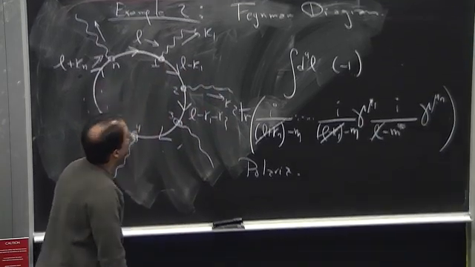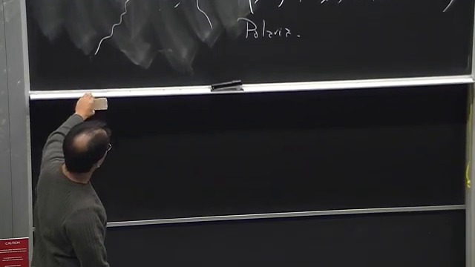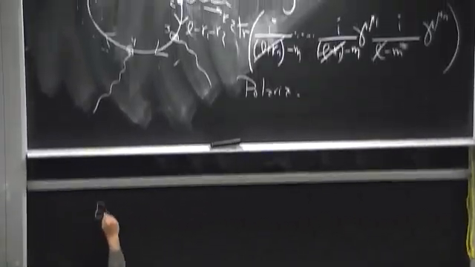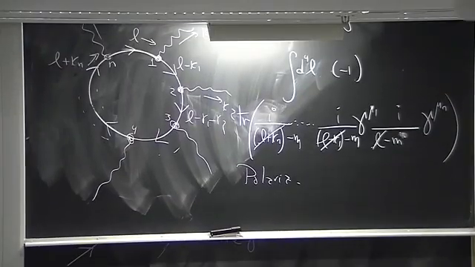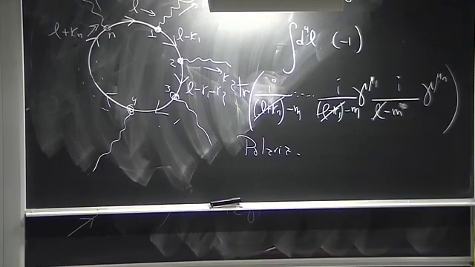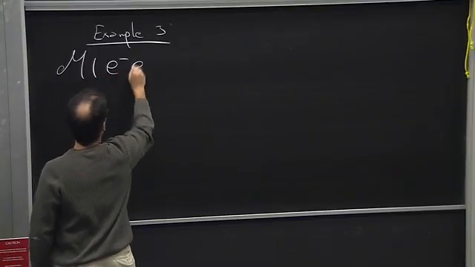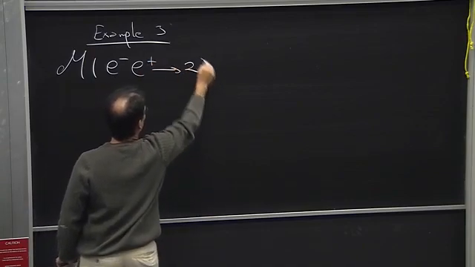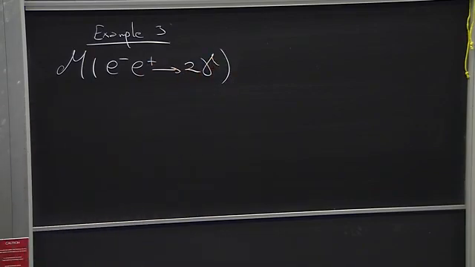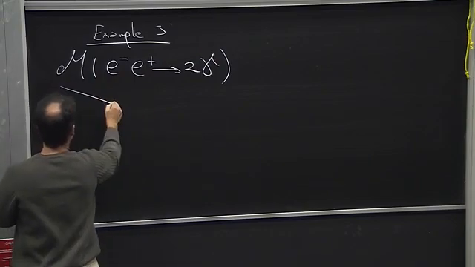And last but not least, our last example is the annihilation of an electron with a positron into two photons. Okay? So what are the Feynman diagrams?